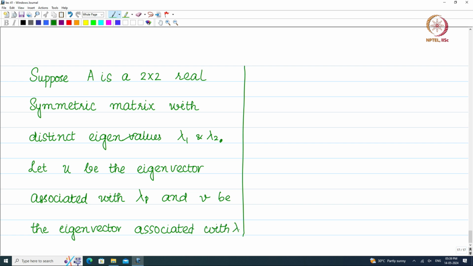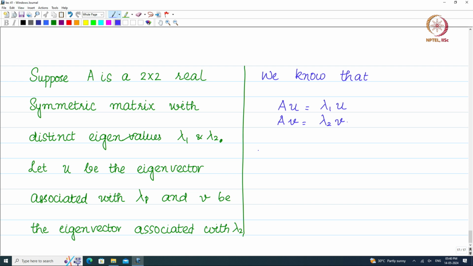We know that, since we have distinct eigenvalues, we have put lambda 1 and lambda 2. So, we know that A times u is equal to lambda 1 u and A times V is equal to lambda 2 times V, right.